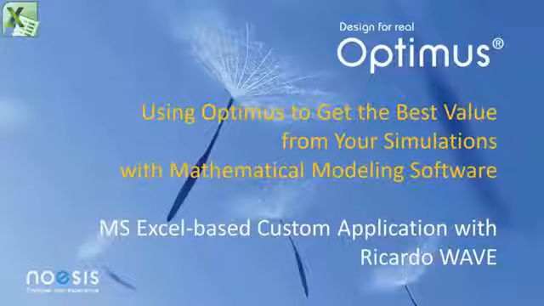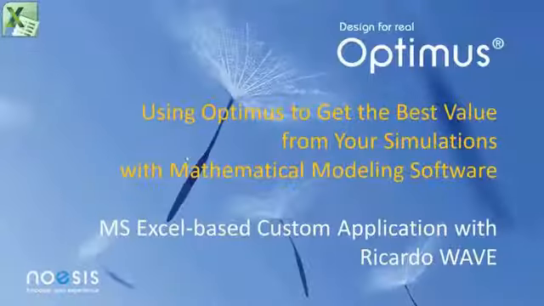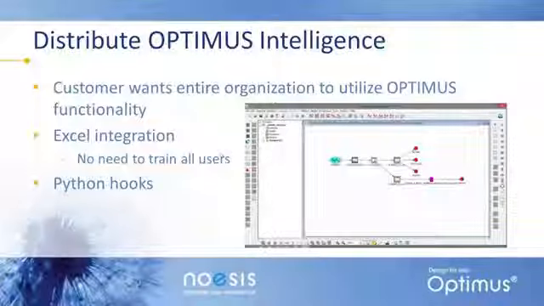Now, the last example that we'd like to show you is perhaps one of the more interesting examples. It's using Excel to actually drive or to get at, if you will, the functionality of Optimus.